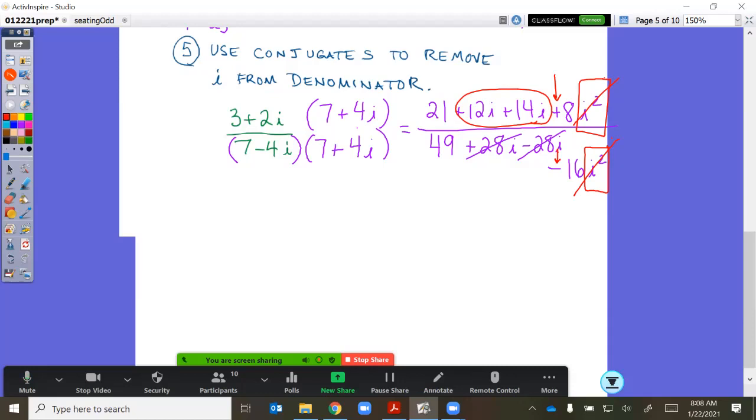So what does that leave me with? It leaves me with 21 plus 26i, minus 8 over 49 plus 16. Okay, so I put the i's together, 26i, and I changed the two I squared terms.